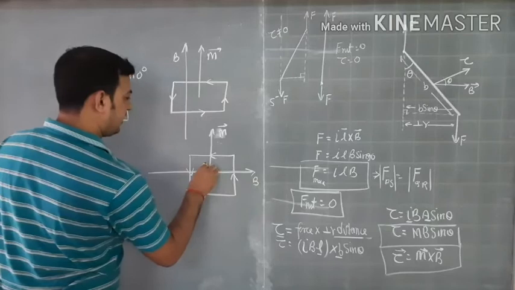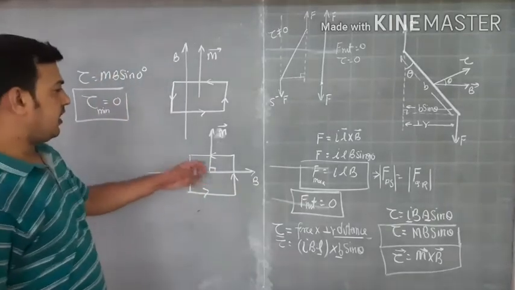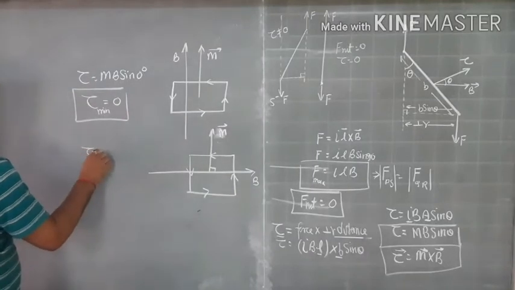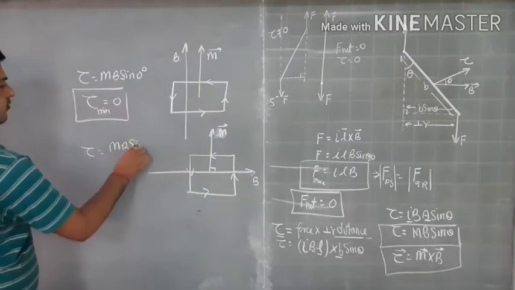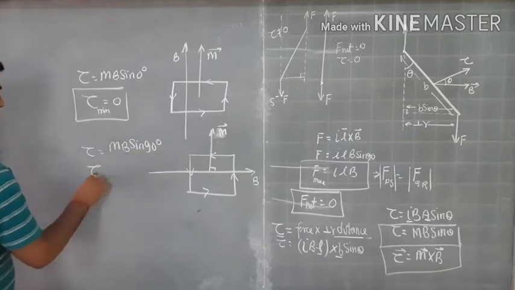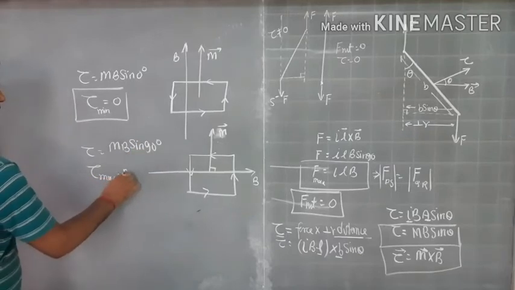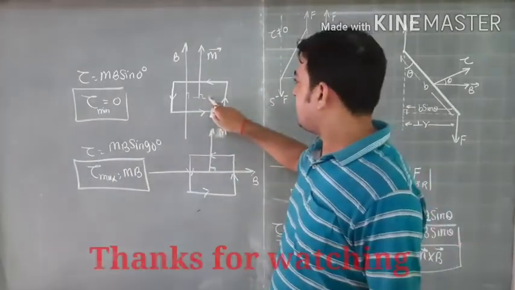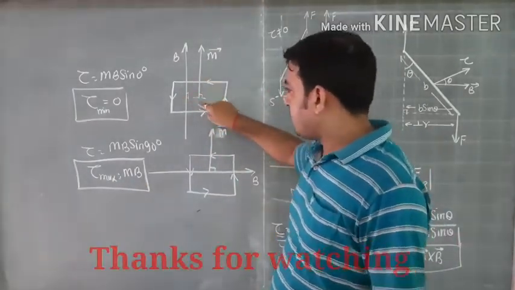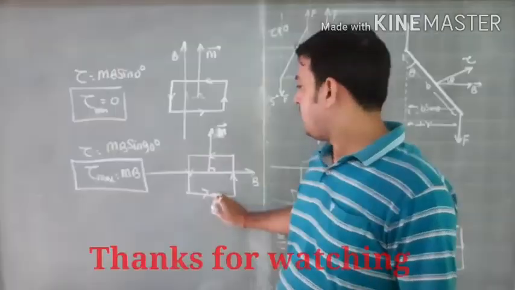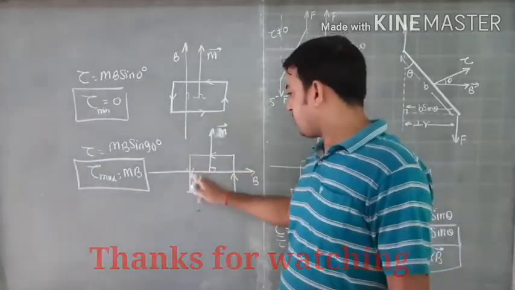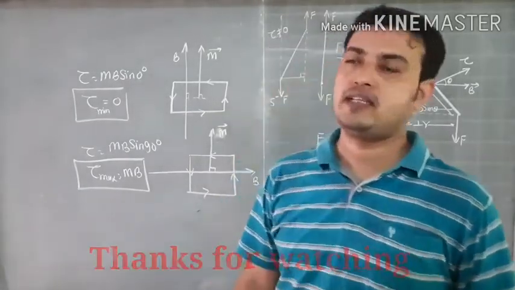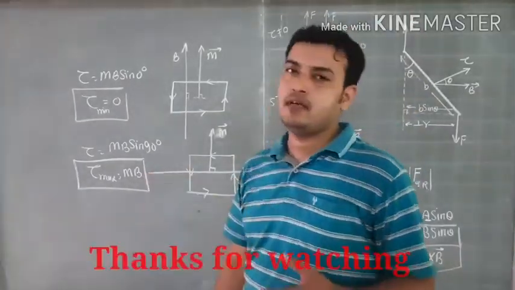So in that case, the angle between the external magnetic field and the magnetic moment of my dipole is 90 degree, and in that case, you can see from the formula that torque will be maximum and that will be M B. So if the plane of the coil is placed perpendicular to magnetic field, then the torque is minimum, and if the plane of the coil or loop is placed parallel to magnetic field, then the torque acting on it will be maximum.